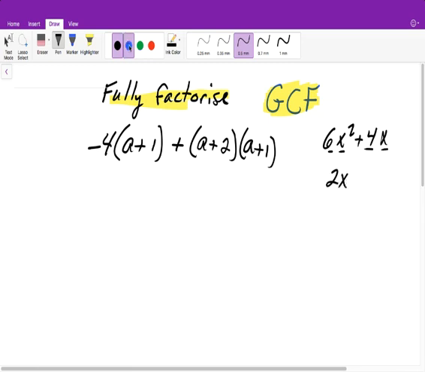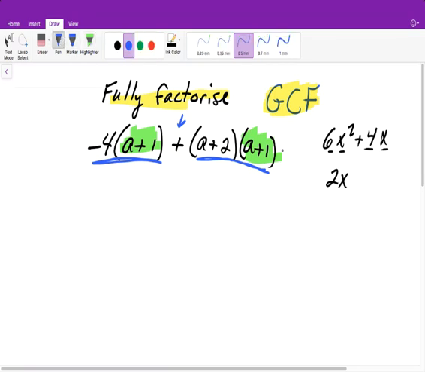Well, if we look here, it's written a little bit different this time, but it's -4 times a plus 1, plus a plus 2 times a plus 1. This plus sign means this is considered one term and this is considered the other term. Each of these has a factor of a plus 1 because both of these are being multiplied by a plus 1.